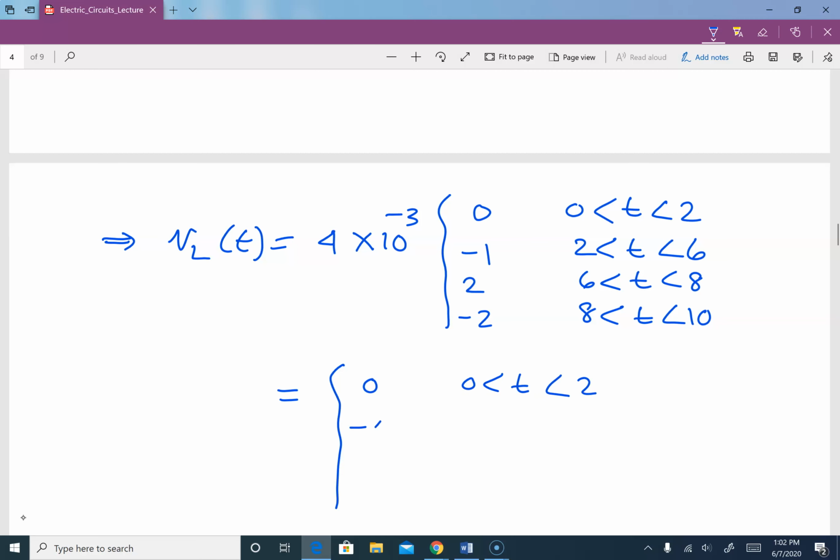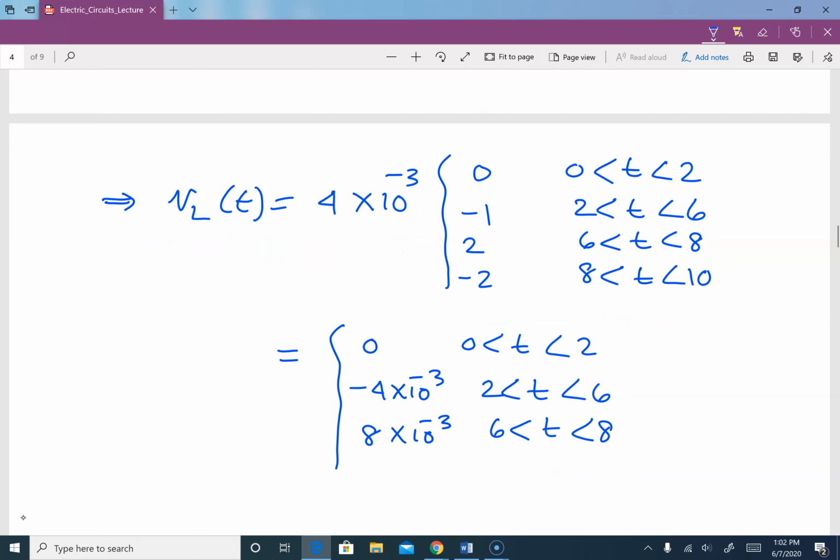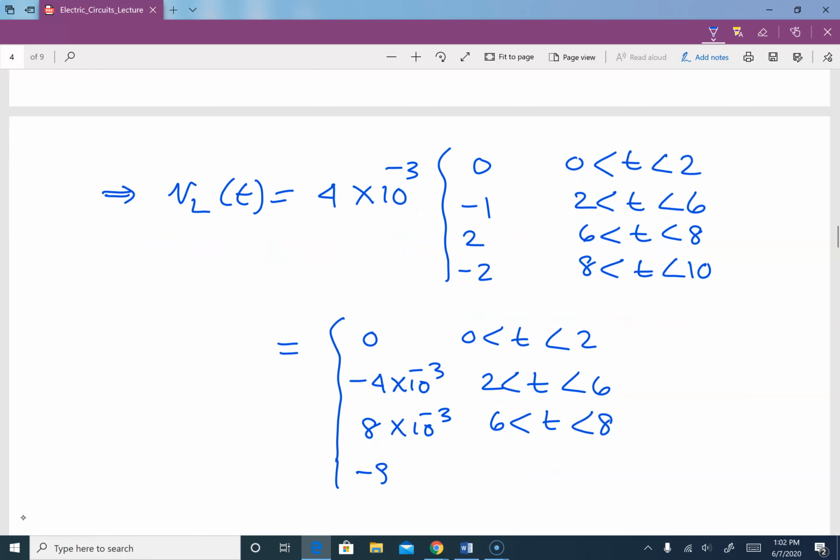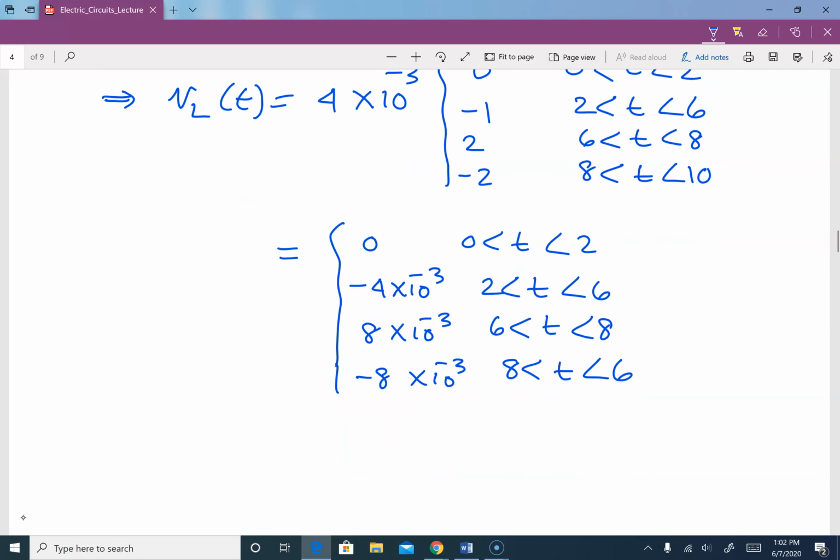The second one is negative 4 times 10 to negative 3 for t greater than 2 and less than 6. Then we have 8 times 10 to negative 3 for t greater than 6 and less than 8. And the last one is negative 8 times 10 to negative 3 for t greater than 8 and less than 10. So over here are our voltage equations.